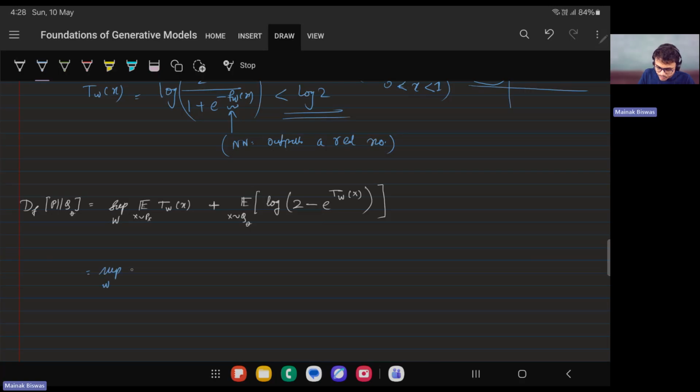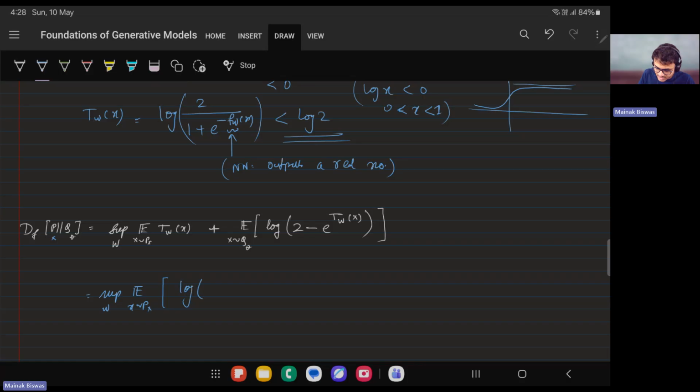Supremum over w, the expected value of x from P, or we'll just put P of x directly now. Log of 2 by, also instead of putting all these complicated things, I can just say log of 1 by 1 plus e to the power minus fw of x. Just a moment.